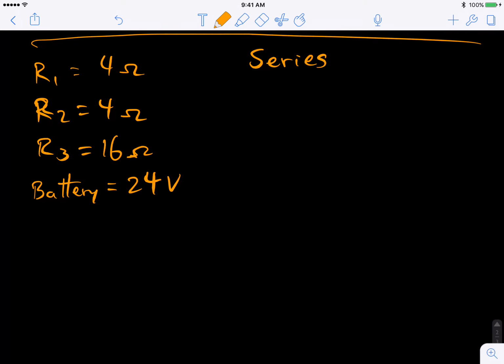So you can just draw one battery symbol and write that it has 24 volts. Now draw a diagram for these 3 bulbs in series, and then make a VIR chart and find out all the things that we found out. And then find out which light bulb will be the brightest using the power.